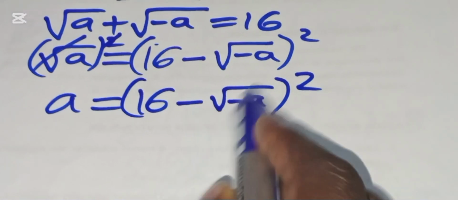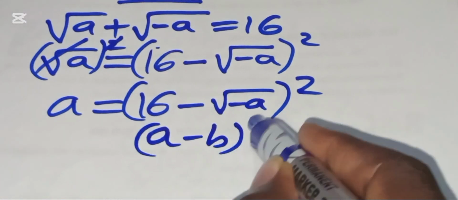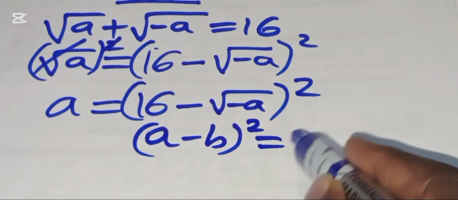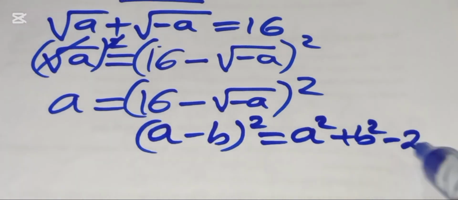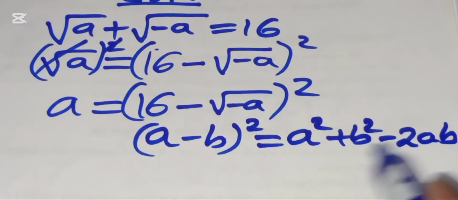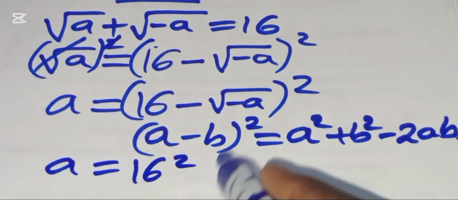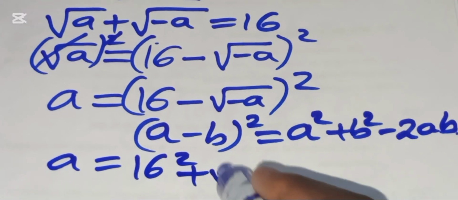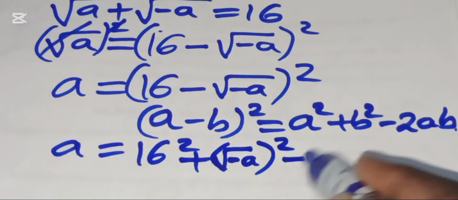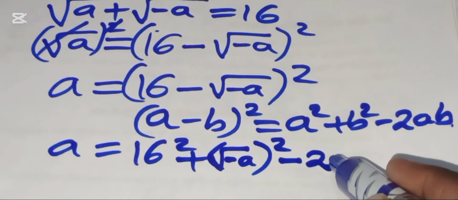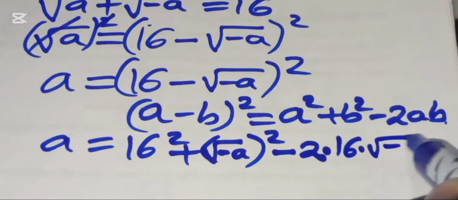Now 16 minus square root of negative a squared is in the form of a minus b squared, which you can express as a squared plus b squared minus 2ab. So let's apply this property so that a is equal to 16 squared plus square root of negative a squared, subtract 2 multiplied by 16 multiplied by square root of negative a.